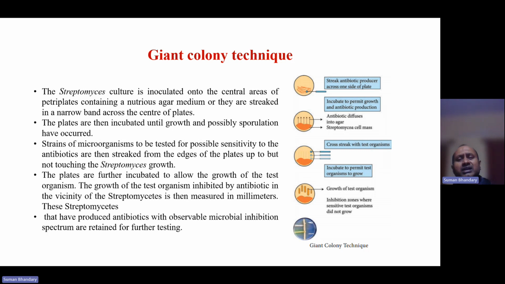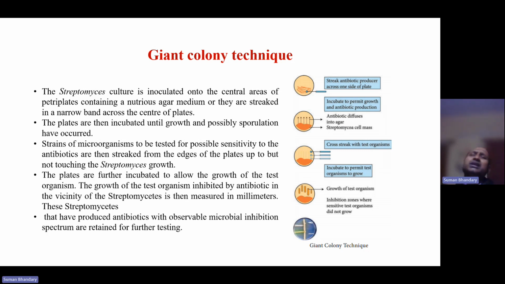So here we will judge the inhibition spectrum of the isolated Streptomyces. And those organisms whose growth is inhibited to a considerable distance are considered more sensitive to the antibiotic than those organisms which can grow close to the antibiotic. Such species of Streptomyces which have the potentiality of inhibiting microorganisms are preserved for further testing.